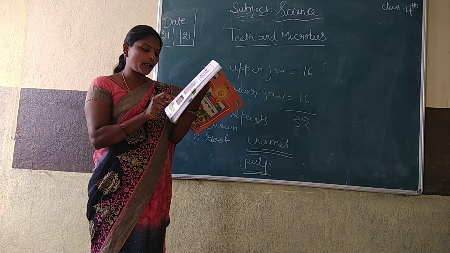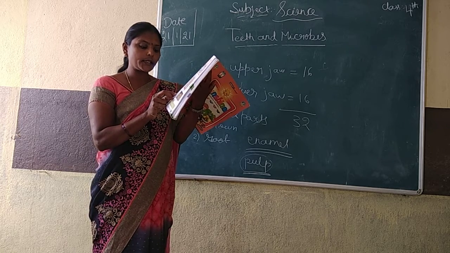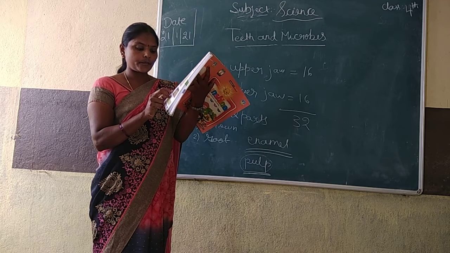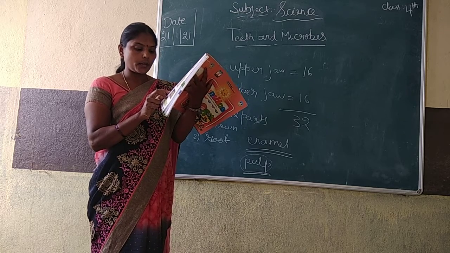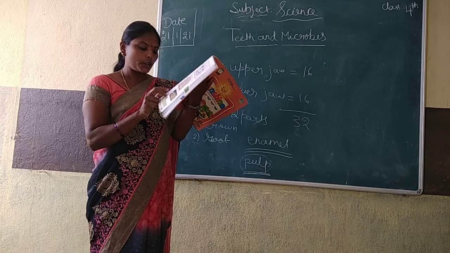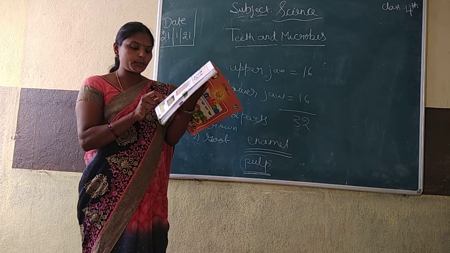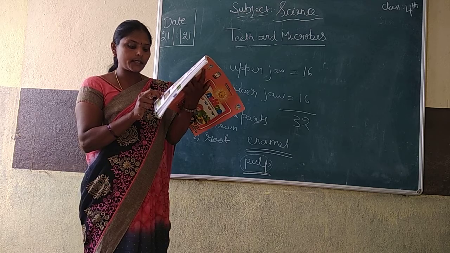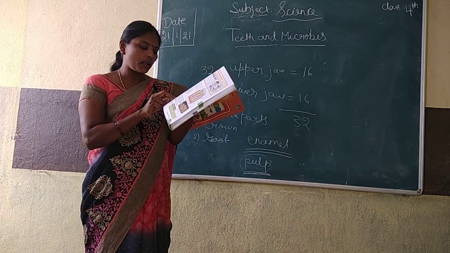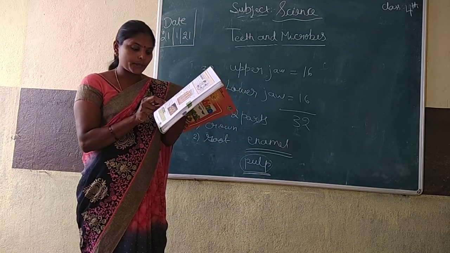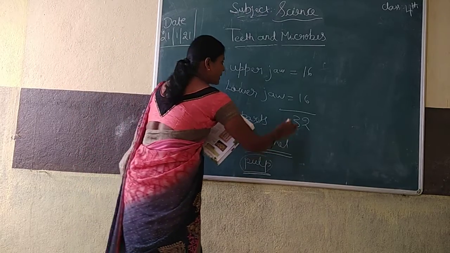This plaque reacts with the sugar present in our food to produce acid, which affects the tooth enamel and starts decay. This is called tooth decay.